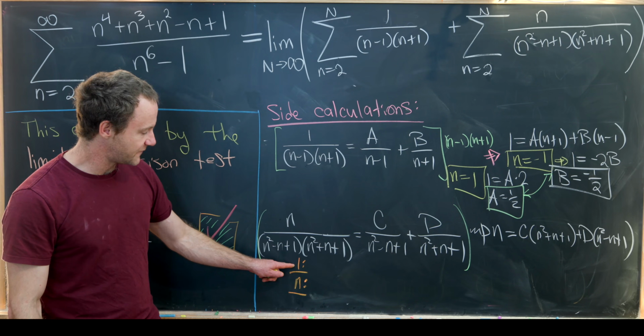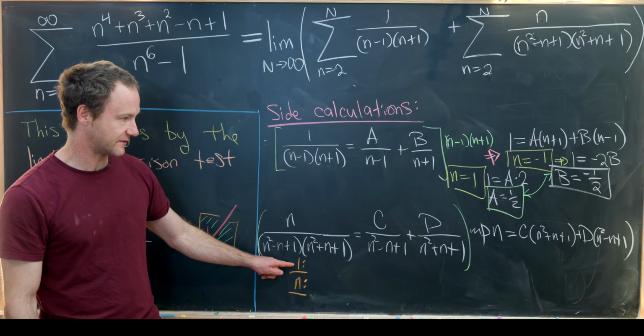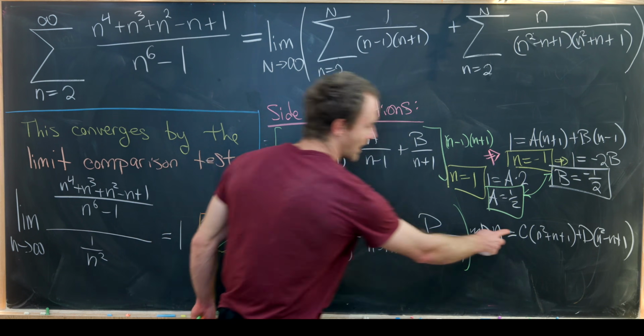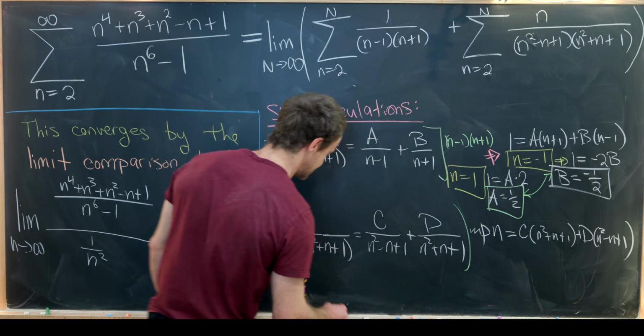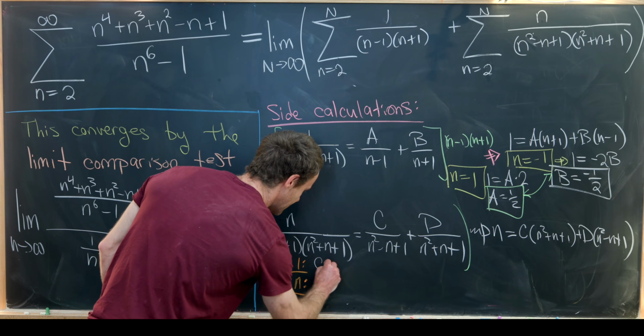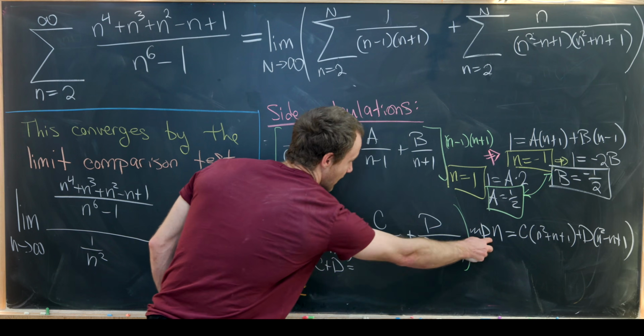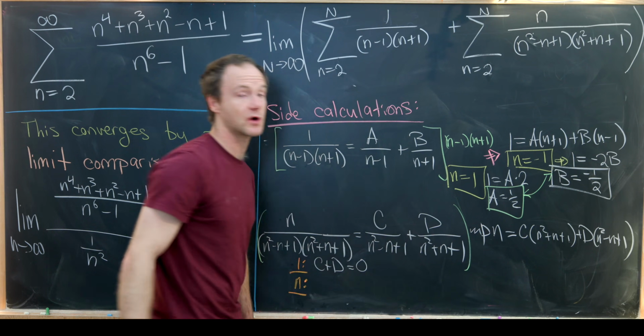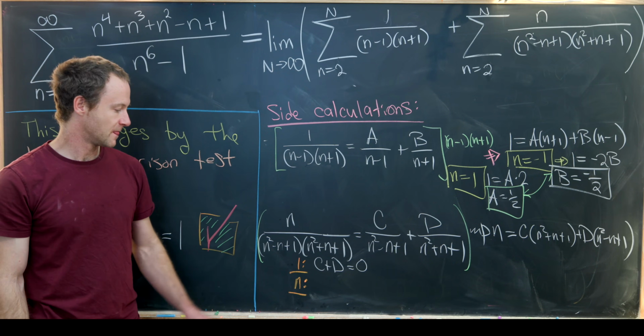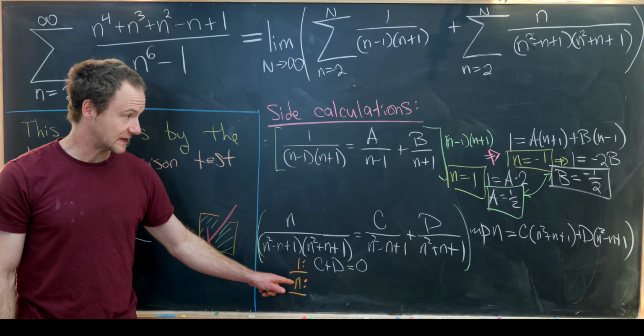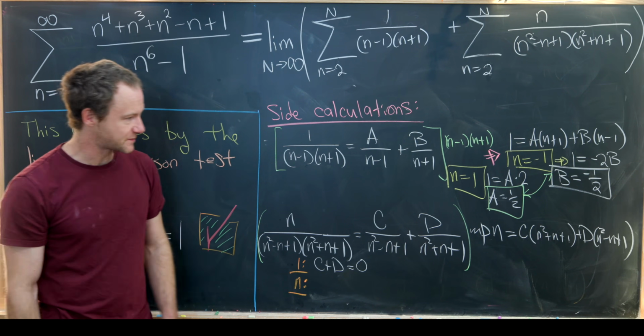Okay, so the coefficients of the constant terms on the left-hand side and the right-hand side. On the right-hand side, we have c times 1 plus d times 1. In other words, we have c plus d. Then on the left-hand side, we have 0. There's no constant on the left-hand side. And then the linear terms, the n to the first power terms.